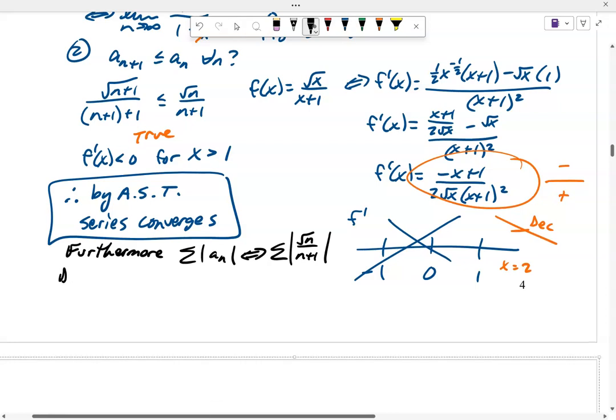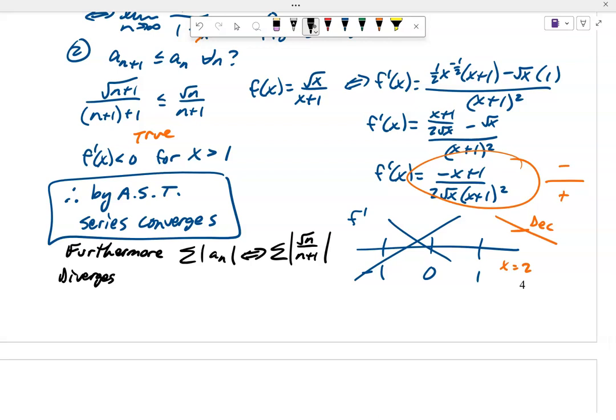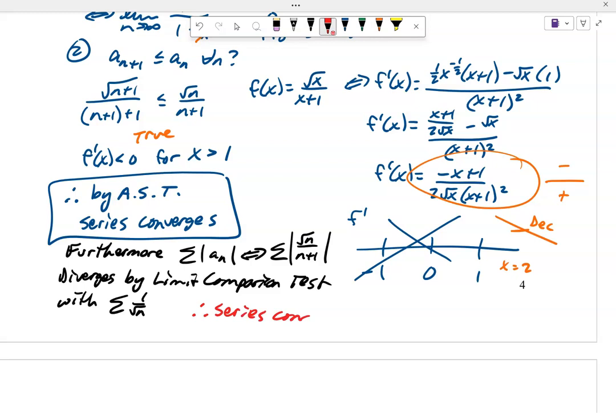Well, this diverges, which you can show with the limit comparison test with 1 over root n. So, therefore, this series is conditionally convergent. Just a note on this one.